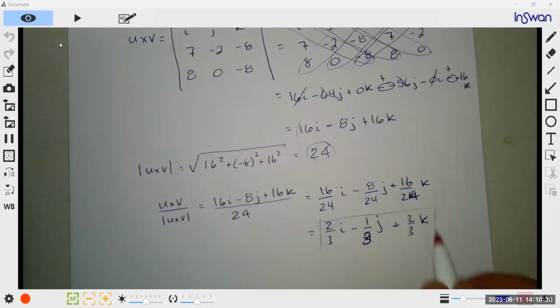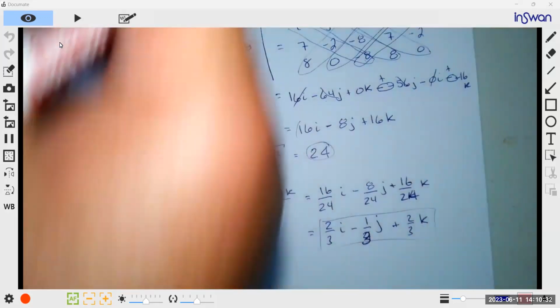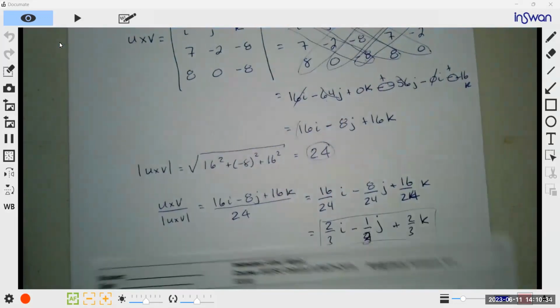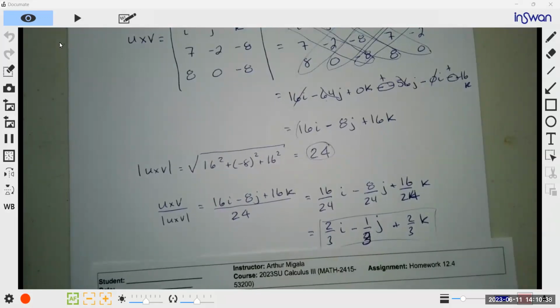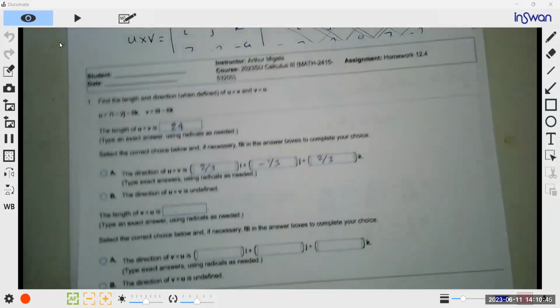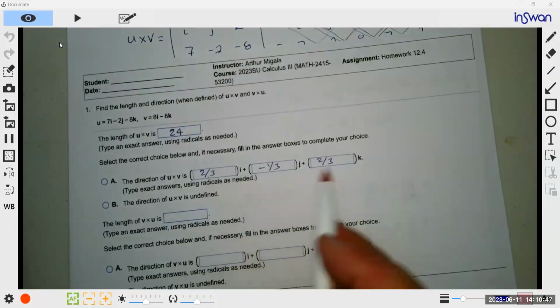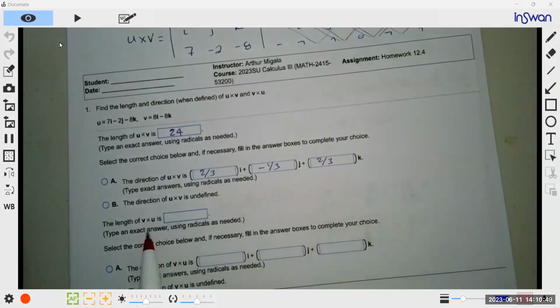So that's the direction it's going. So it's 2/3, negative 1/3, 2/3. Now we're going to do v cross u.